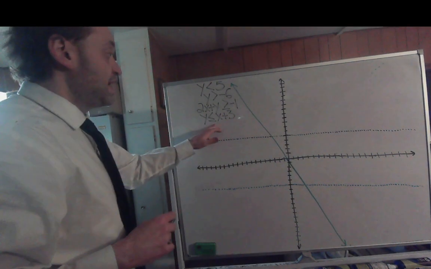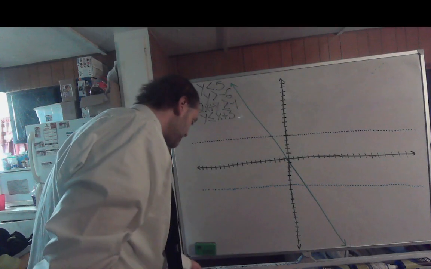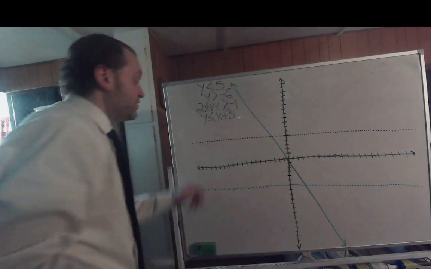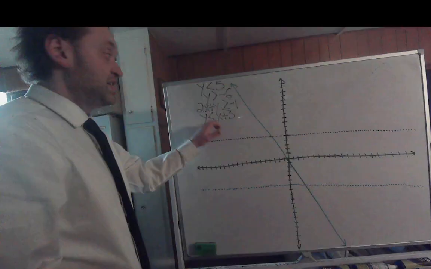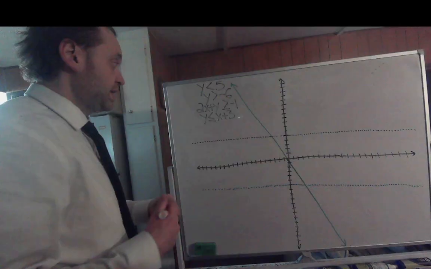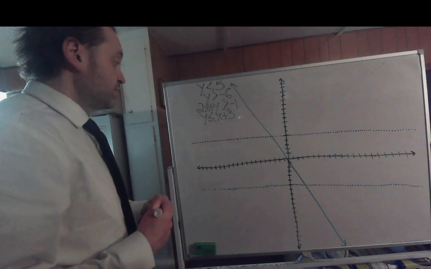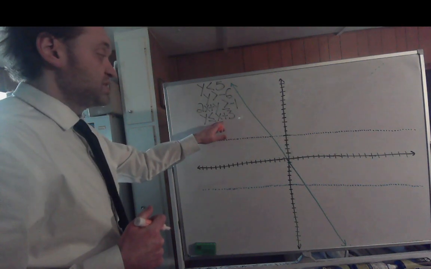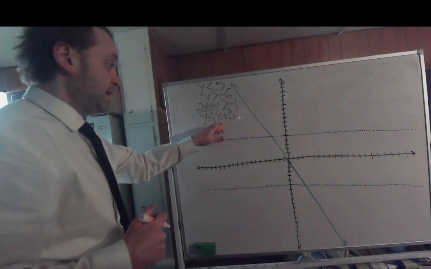Then you have y is less than or equal to x plus 3. Well, since you have the equal to component, you will have a solid line through y equals x plus 3. So of course you could put x at 0, giving you a y-intercept of positive 3.